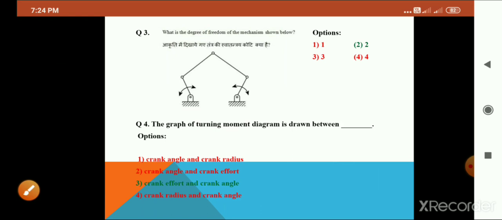Then let's come to question number 4. The graph of turning moment diagram is drawn between... Here an expression is there, which is the crank effort.